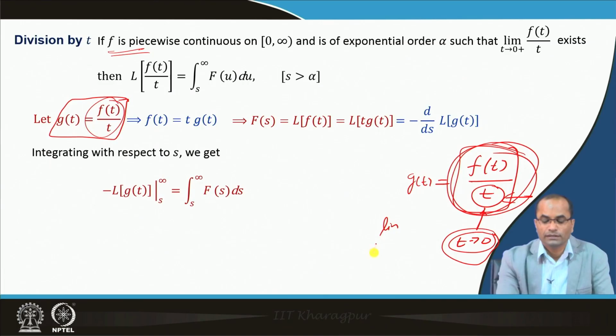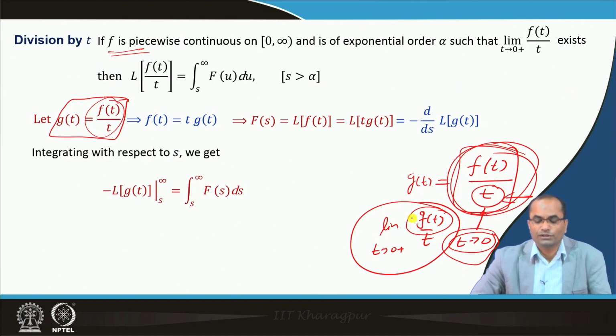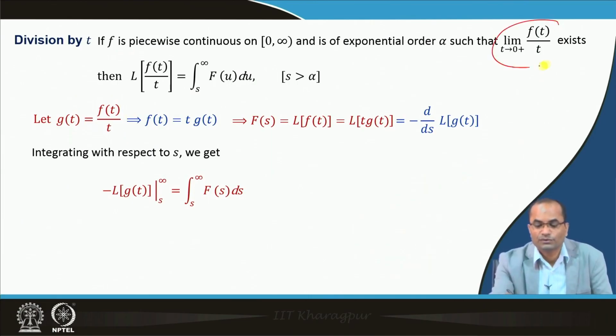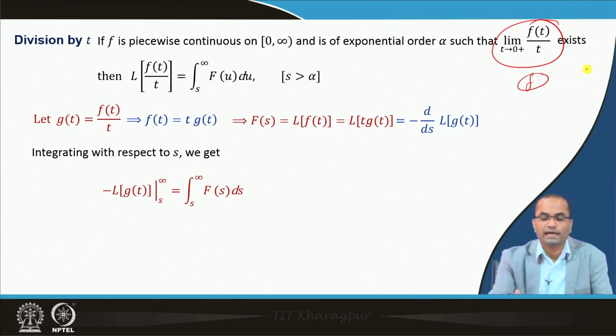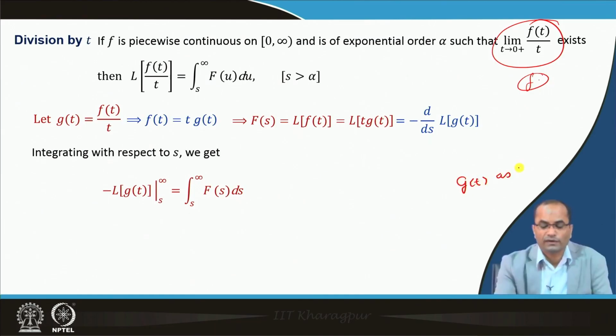That means the limit as t approaches 0 plus of f t over t may not exist, because that does not come automatically from the piecewise continuity of f. The piecewise continuity of f says that the limit of f t when t approaches 0 exists, but here we are dividing by t. So, this may not exist in general. Therefore, we have to say that this limit of f t over t exists, and this is exactly to make this function g t piecewise continuous.